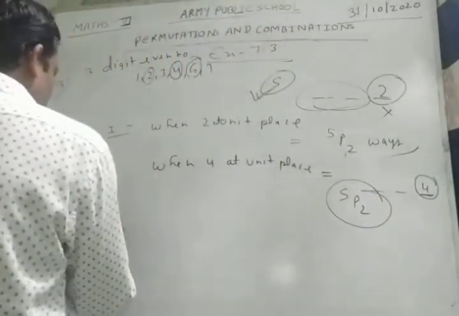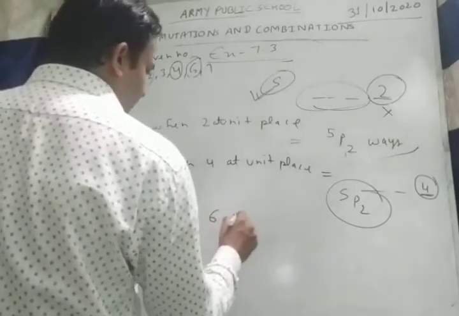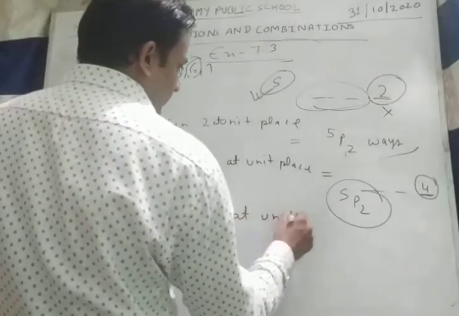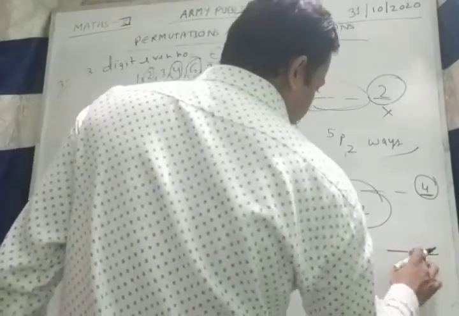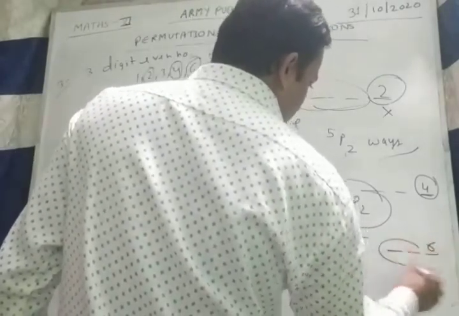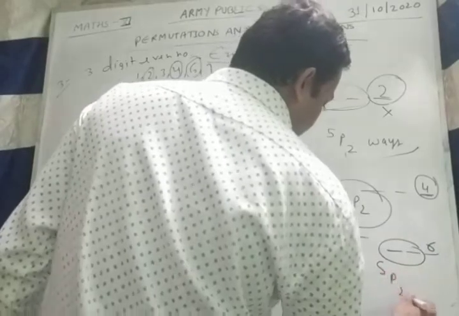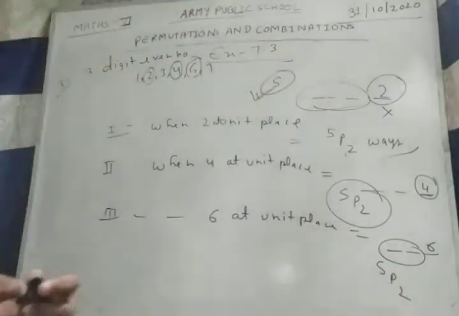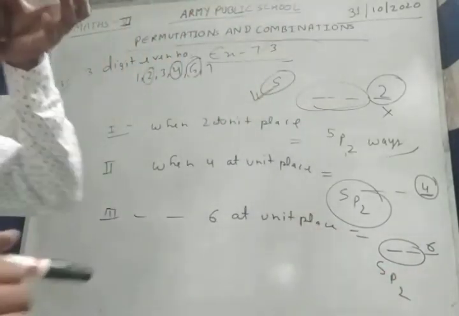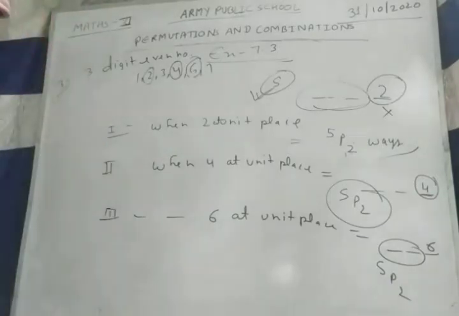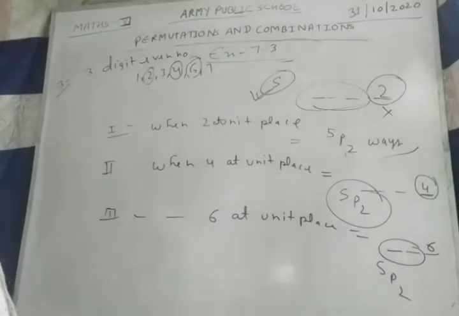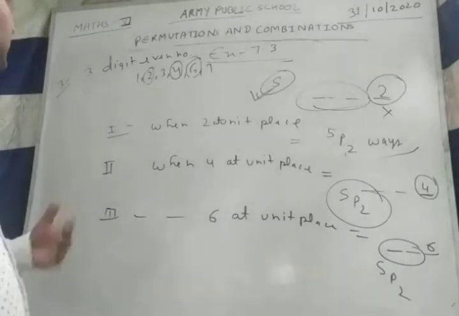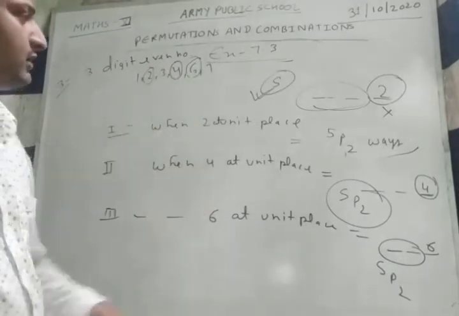Similarly, third, when 6 is at the unit place, these 2 can be filled by 5P2 ways. So the total number of ways will be what? Our total number of 3-digit even numbers will be what?